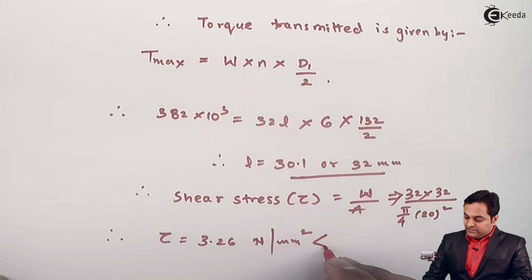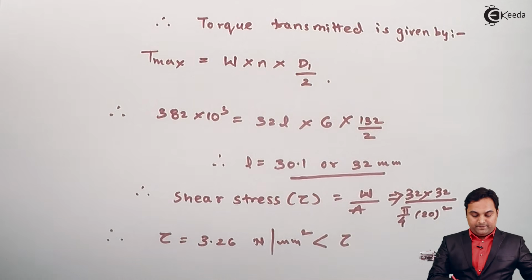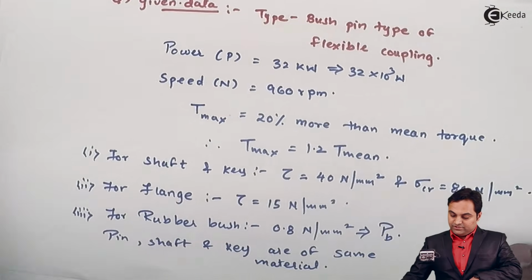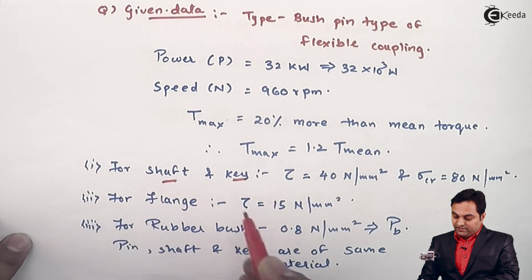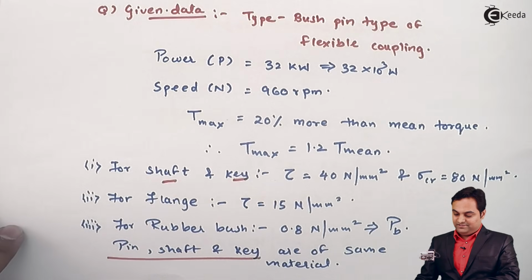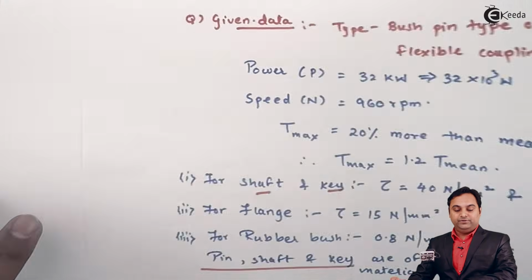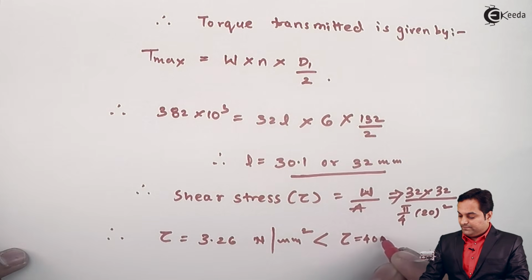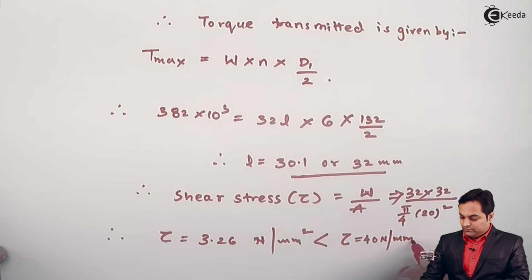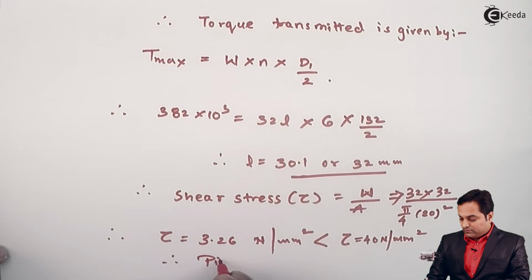Now this value is less than the shear stress for the pin which is given. The shear stress for the pin should be taken as same as shaft and key because they are of the same material. So it is 40, and our value is less than 40. So we can say that this pin is safe under shear.